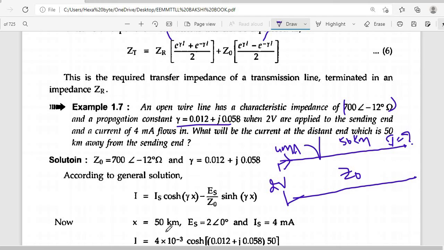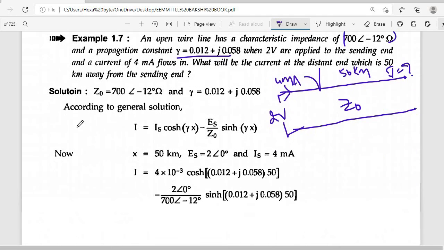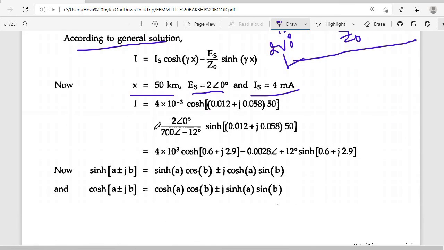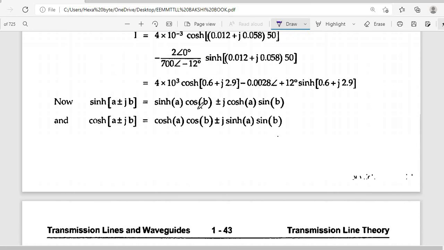So now Z0 is given data. According to the general solution, I is equal to IS cosh gamma X minus ES by Z0 sinh gamma X, where X is equal to 50 kilometers, given. The source voltage is at an angle of 0 degrees, and IS is equal to 4 milliamps. Then you get I. So now the trigonometrical functions we are using here.